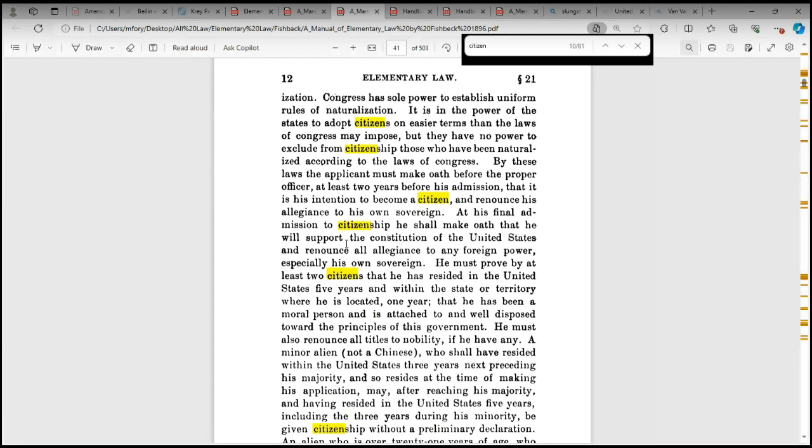At his final admission to citizenship, he shall make oath that he will support the Constitution of the United States and renounce all allegiance to any foreign power, especially his own sovereign. He must prove by at least 2 citizens, his 2 witnesses, that he has resided in the United States 5 years, within the state or territory where he is located, 1 year at least.